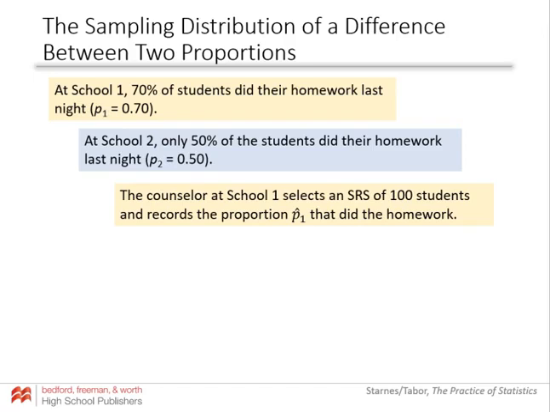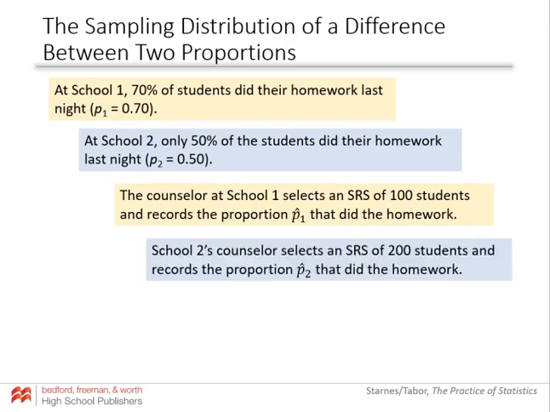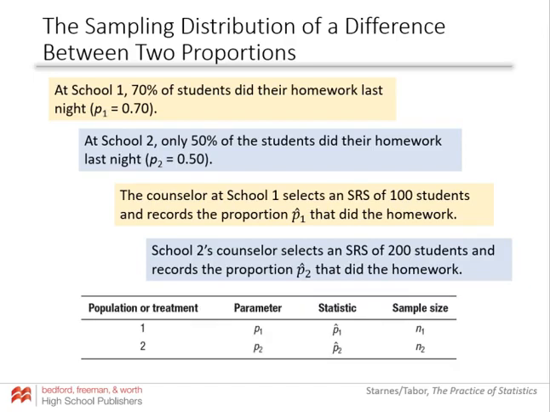And so the counselor at school 1 takes a sample of 100 students and records that proportion. And the counselor at school 2 takes a sample of 200 students. All right, so just to kind of solidify our symbols here. Okay, so we're using P1 and P2 for those population proportions, and we're using 1 and 2.